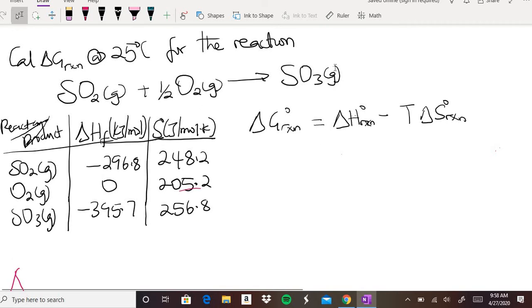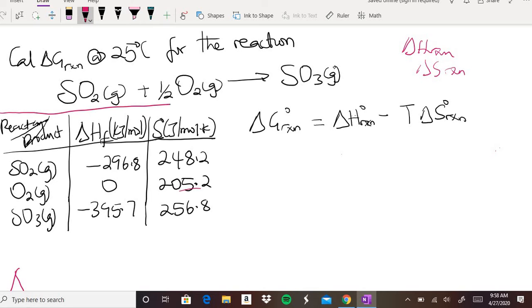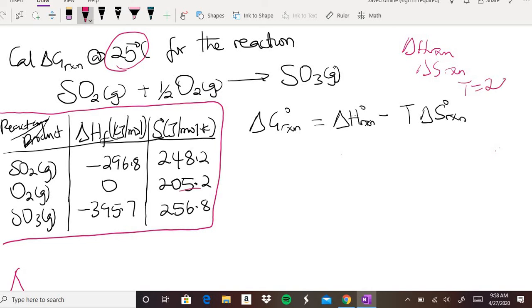The next example says calculate the delta G of reaction at 25 degrees for this reaction. In this problem, our heat of reaction is not given, unlike the previous problem, and delta S of reaction is not given. However, this table has been given to us, so we find it the same way we have been doing before. Our T is 25, so that is 298 K when we convert that.